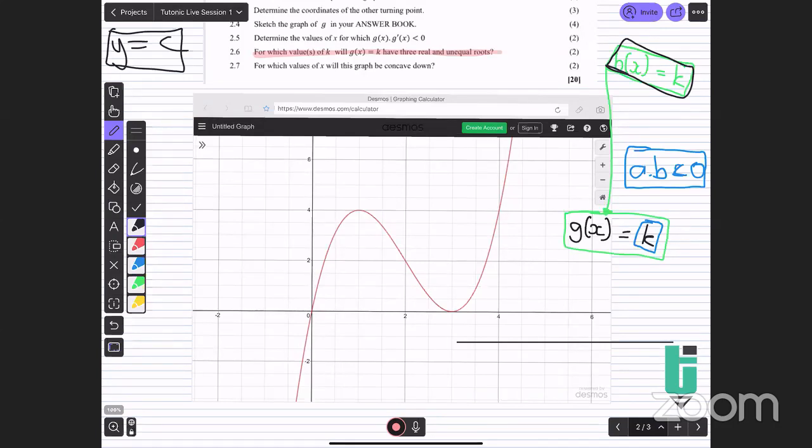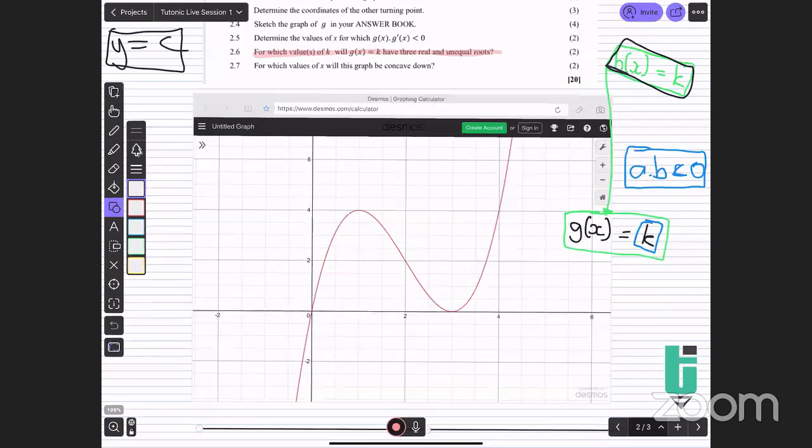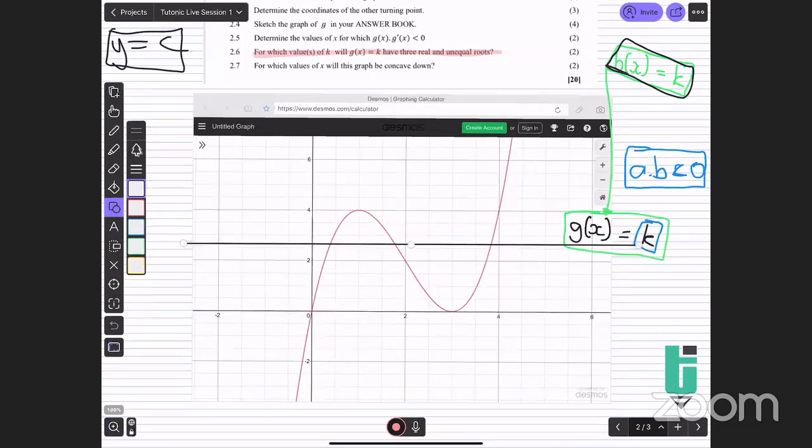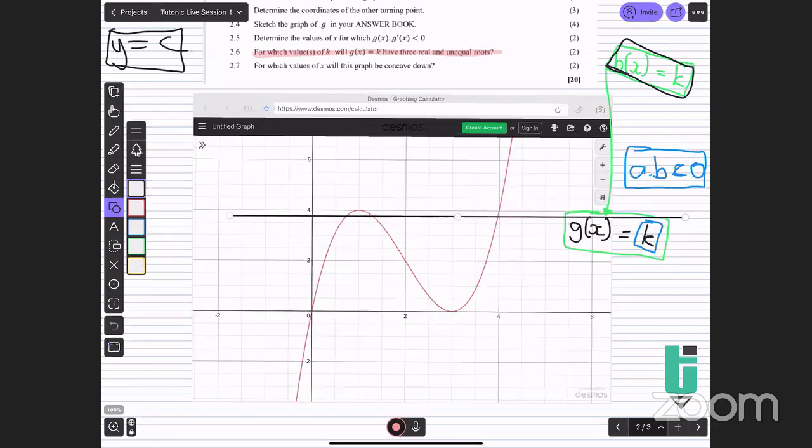Therefore, y equals k is a horizontal line. So when they ask, where does g of x equal k, what they're actually asking is, where does g of x, which is this graph, intersect with a horizontal line? And this horizontal line, I can only move it up and down, right? You can't move a horizontal line to the side.